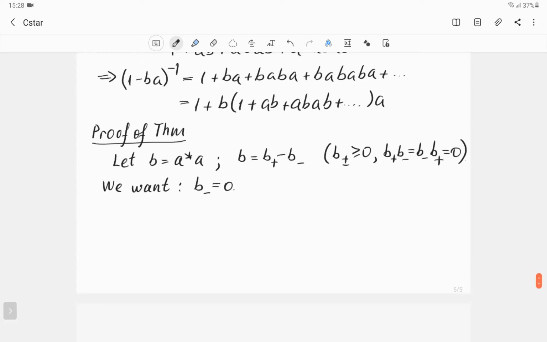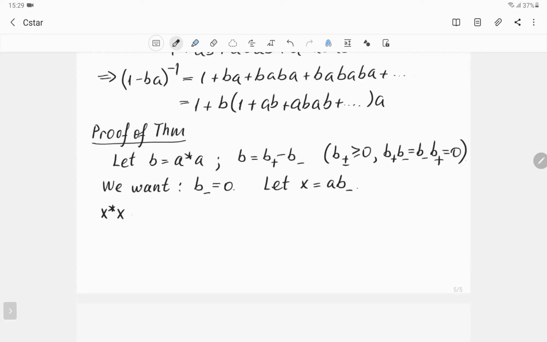So we do the following trick invented by Kaplanski. We'll let X denote the element A B minus. So what can I say about X star X?